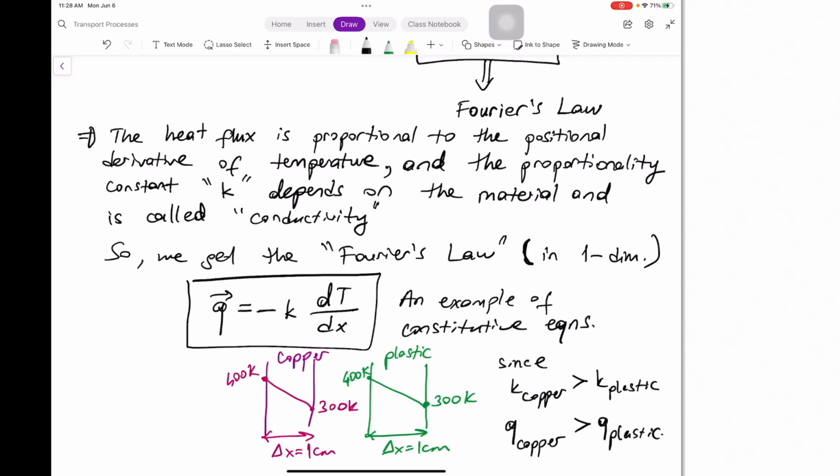It's because the heat is transferred much faster on the metal table than the wooden table. It's because the conductivity is large. So that's just an experimental observation. Any question about this?